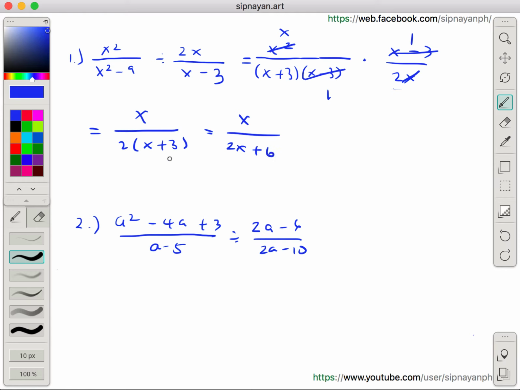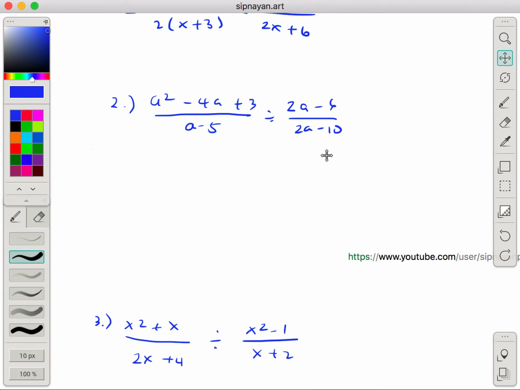So sa ibang teacher, kinoconsider na nila to, pero yung ibang teacher ay gusto pa rin ipa-simplify, ipa-distribute pag natapos na yung factoring. So depende na, itanong nyo na sa teacher kung alin mas gusto nilang answer. Sa akin, I would consider both of these correct.